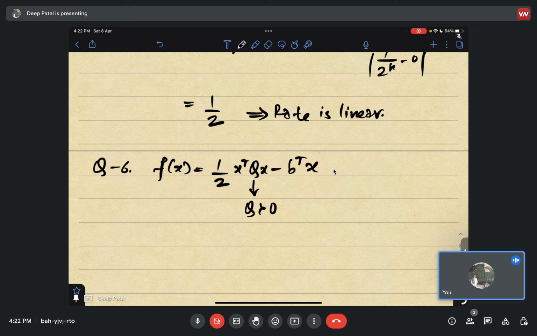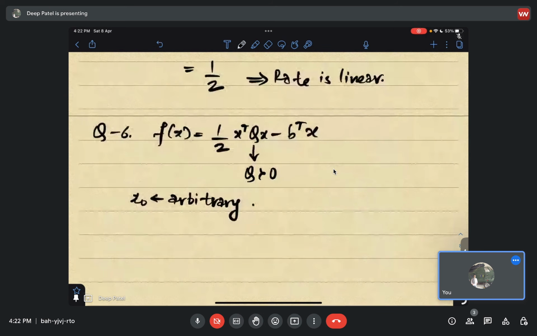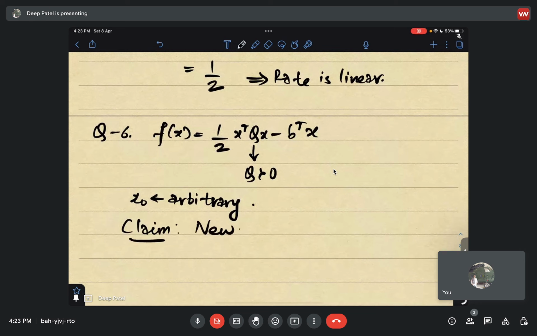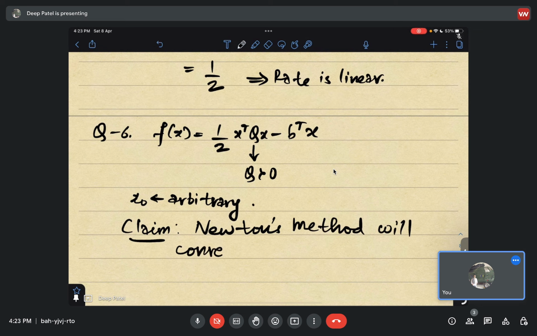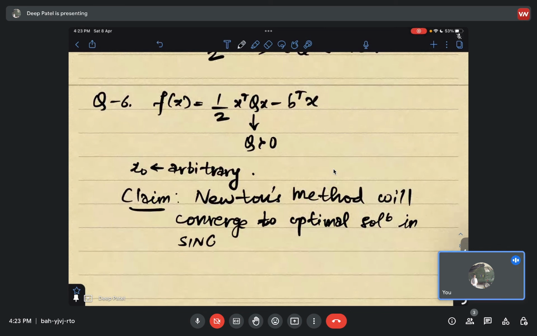We start from some arbitrary initial point x0, and the claim is that Newton's method will converge to the optimal solution in a single step. Is this true or false? It's false.